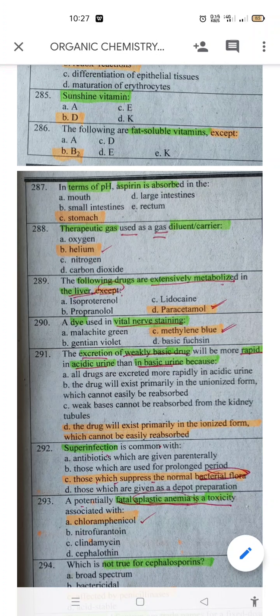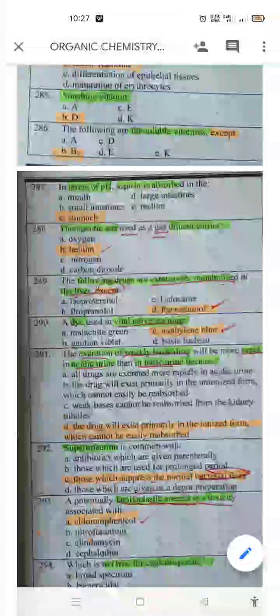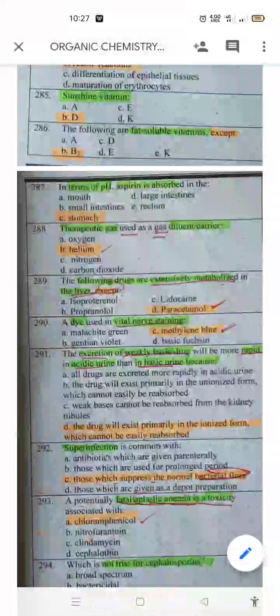Helium is the second lightest element, and it is also known as your artificial air.